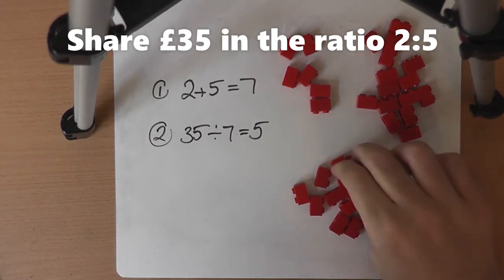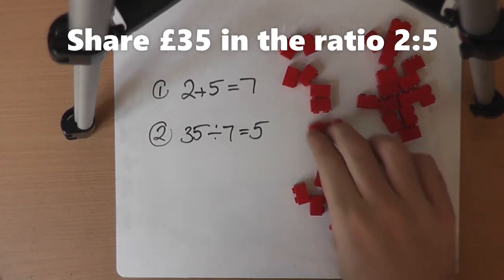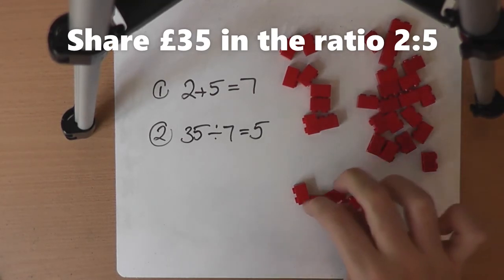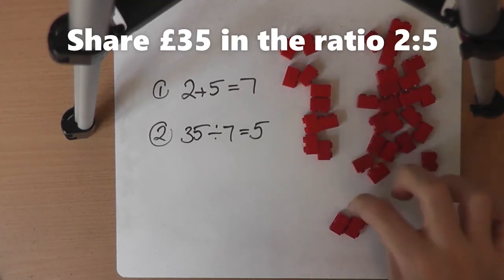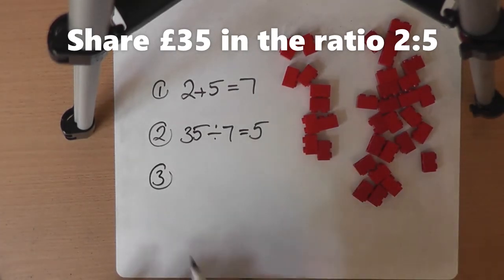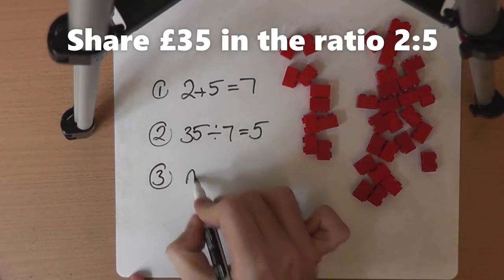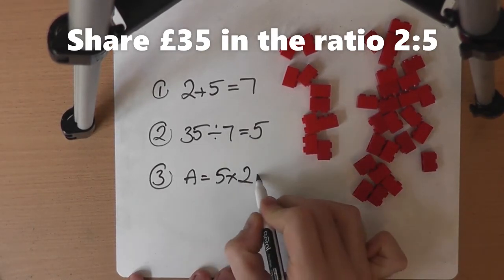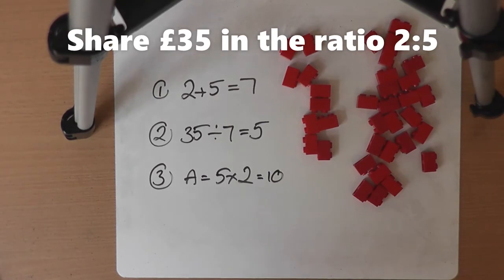So 5 times. Now that means if we're taking out 7 and splitting it 2 and 5, and doing that 5 times, then person A gets 5 lots of the £2, and they get £10 in total.